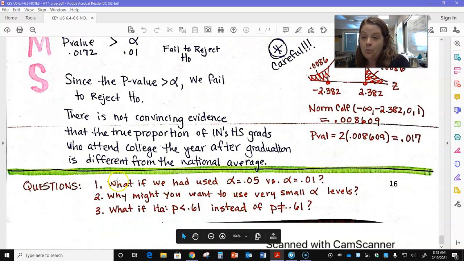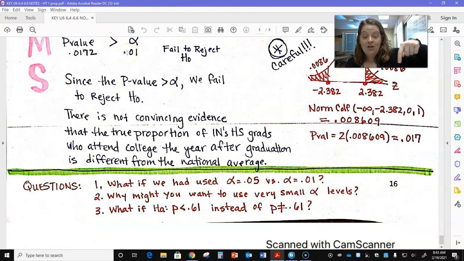Now, questions. What if I had used 5% instead of 1%? If we'd used 5%, the p-value would have been less than alpha, so we would have rejected and said there is convincing evidence that it's different. Okay, so why would you want to use a very small alpha level? Why would we want 0.01 versus 0.05?